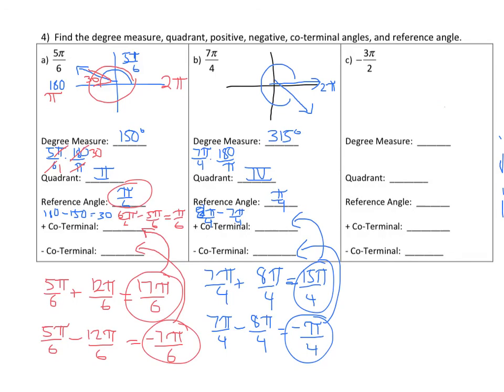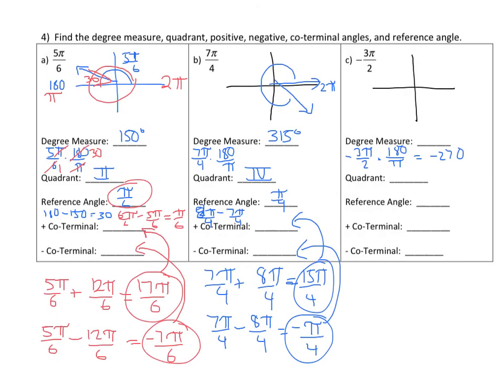Okay, and then the last example, convert to degrees first, negative 3 pi over 2 times 180 over pi gives us negative 270. That's one of our quadrantal angles.